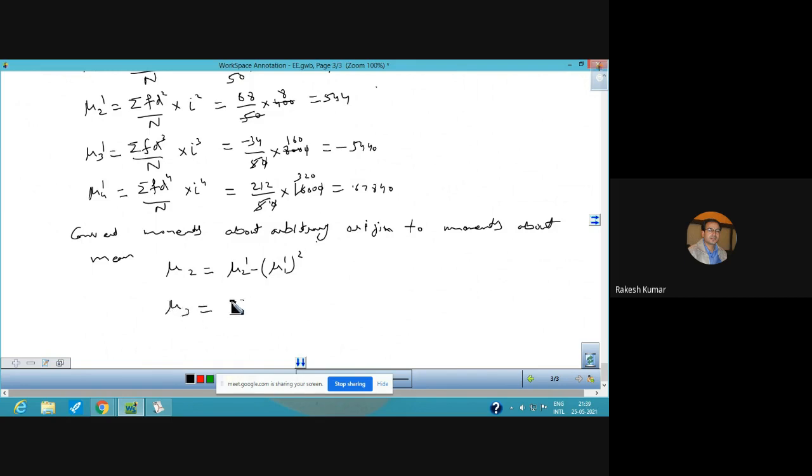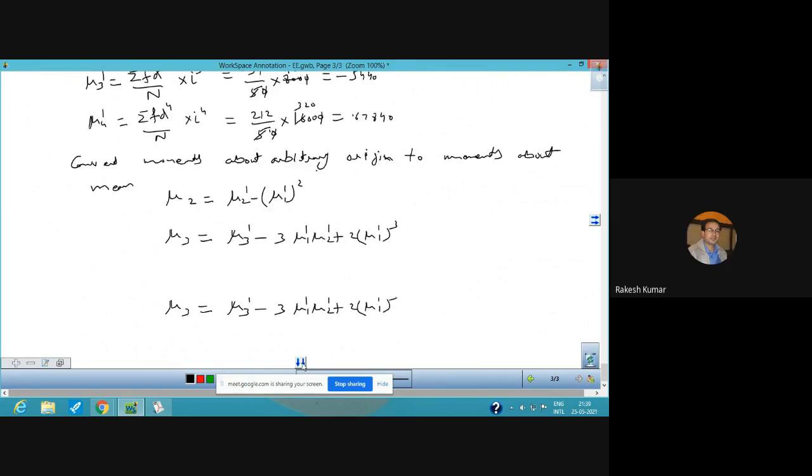Similarly, mu3 can be calculated by using mu3 dash minus 3 mu1 dash mu2 dash plus 2 mu1 dash whole cube, and your value of the fourth movement is mu4, that is mu4 dash minus 4 mu1 dash mu3 dash plus 6 times mu1 dash whole square mu2 dash minus 3 mu1 dash raised to power 4.